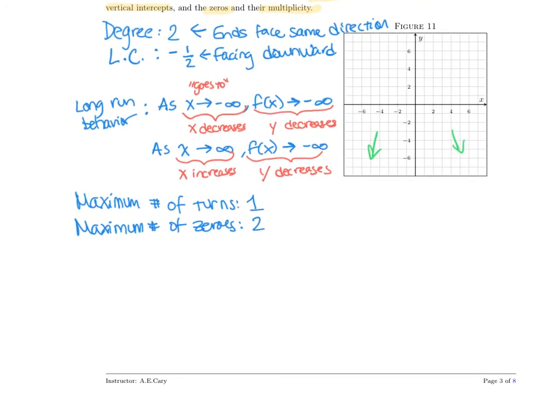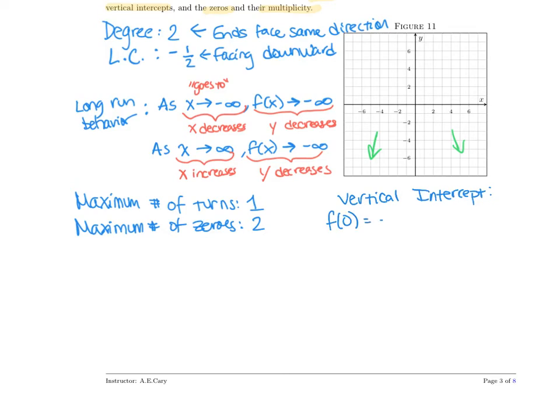So let's see, for our vertical intercepts, actually I'm going to do that over here. So for our vertical intercept, that's our y-intercept. And whenever we want to find a y-intercept, we're just going to plug in 0 for x.